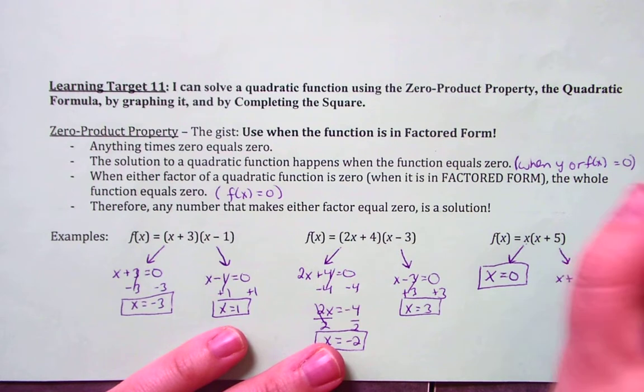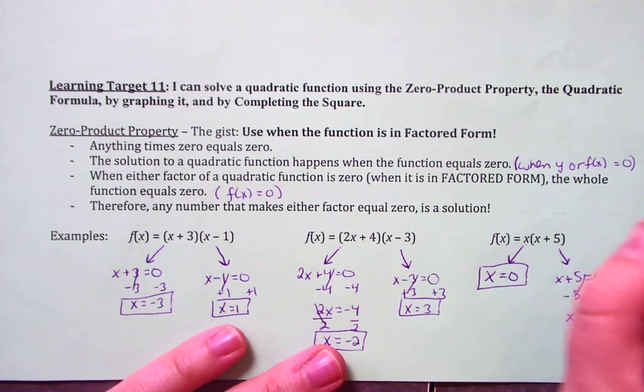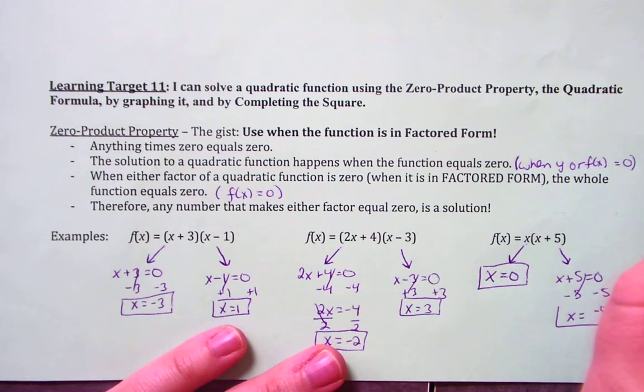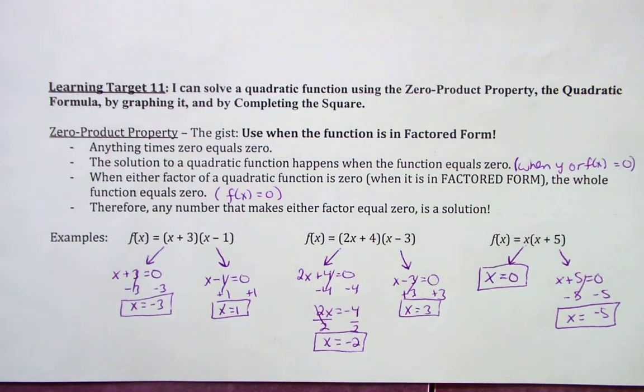And then over here, if you subtract 5 from both sides, x is negative 5. So if x is 0 or if x is negative 5, that means that if you were to graph this, the graph would cross the x-axis at 0 and negative 5. So those are the solutions.